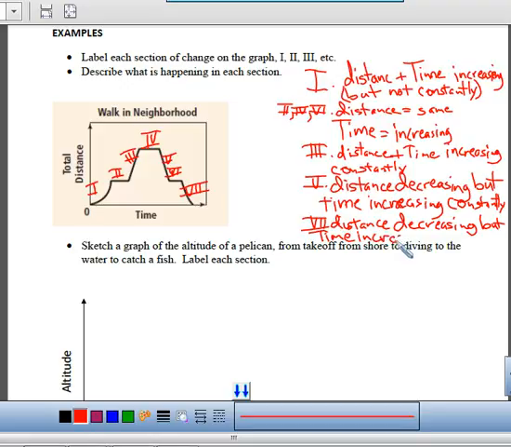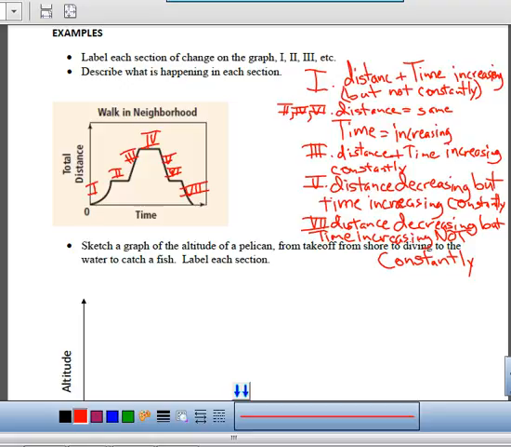So that's how you interpret a graph, or one way you can. That idea of constant is describing a linear situation.